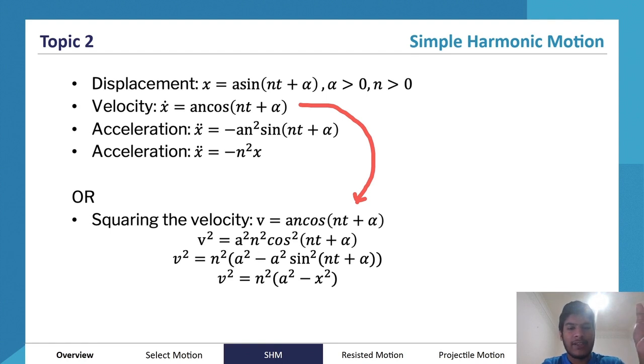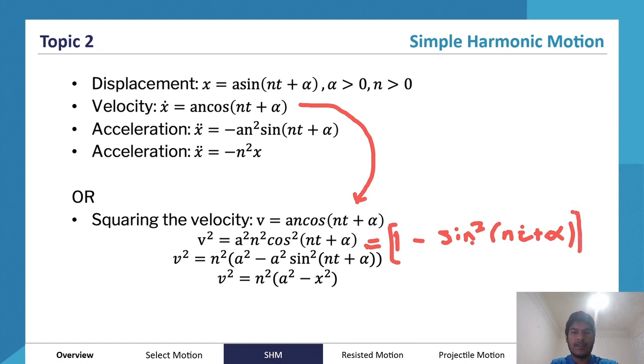Now, that looks like a bit of a mess, but the reason that's helpful is because we can use the Pythagorean identity, and we can express cos squared nt plus alpha as 1 minus sine squared nt plus alpha, and we've got a constant of a squared and n squared attached to it.